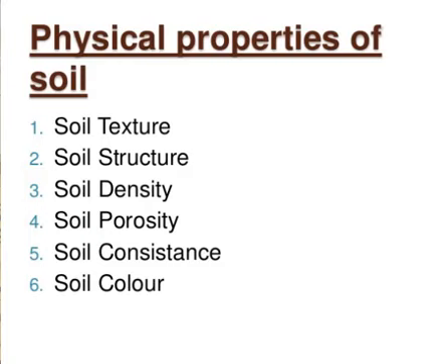Number three, soil density, which includes particle density and bulk density. Number four, soil porosity. Number five, soil consistency. And number six, soil color. Let us study in detail about these properties of soil, starting from soil texture.